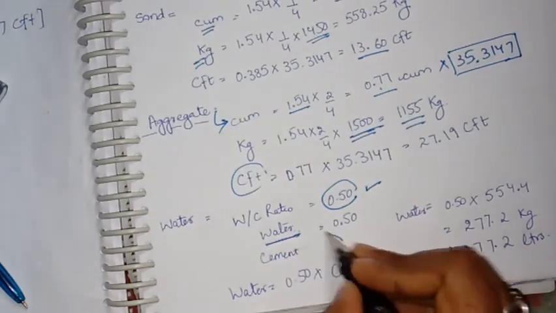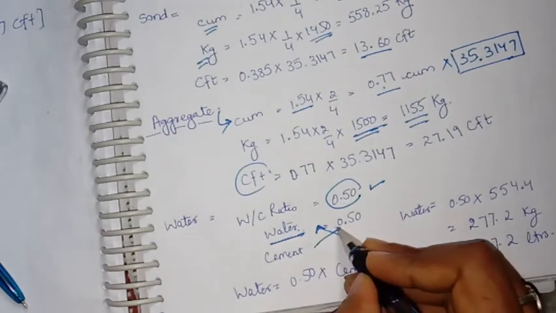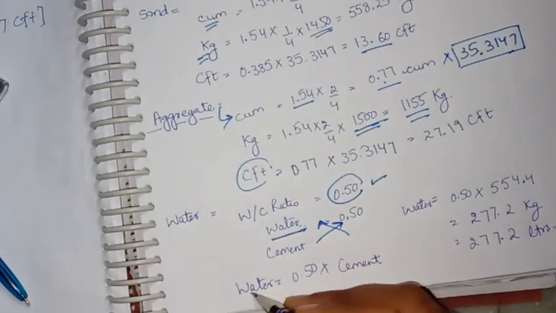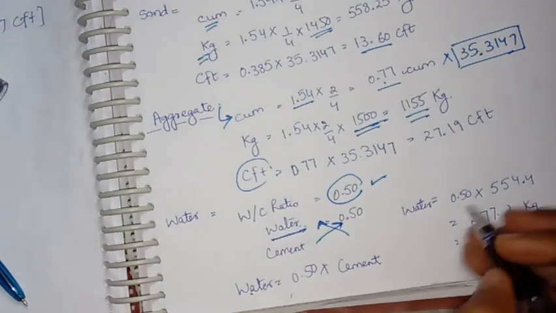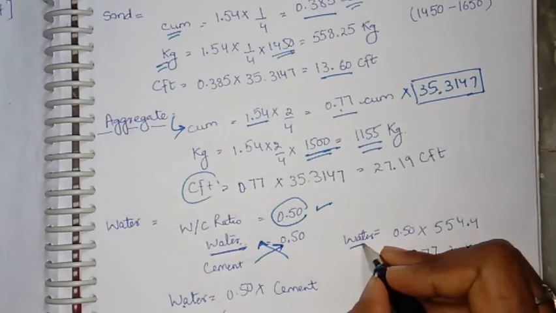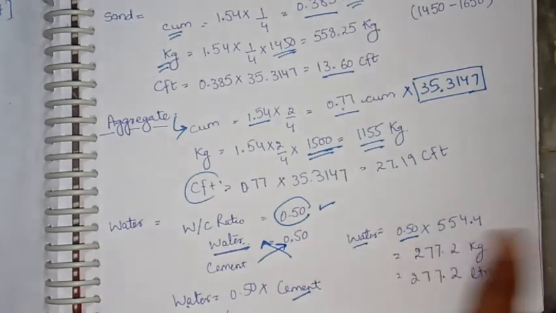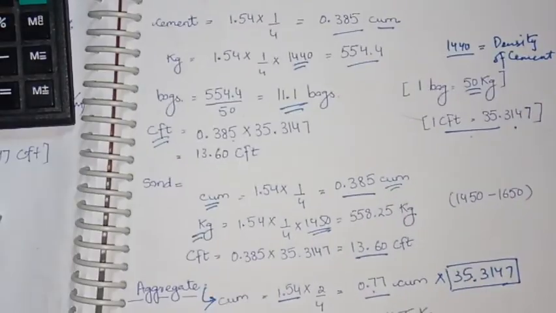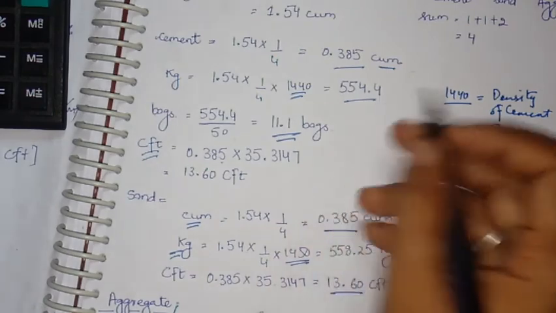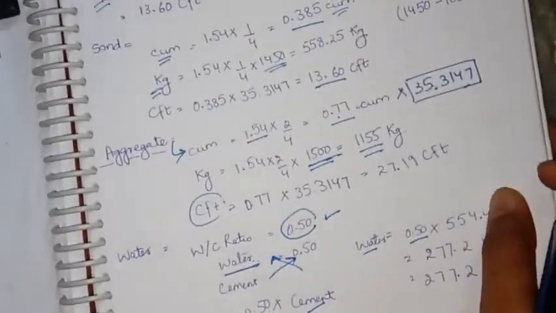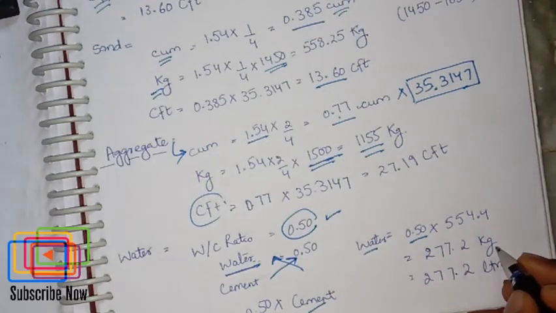So after cross multiplication, we don't know the water yet, so water equals 0.50 multiplied by cement, and we have calculated the cement in kgs, that is 554.4 kgs. So I just multiplied by 0.50. I got an answer of 277.2 kgs.